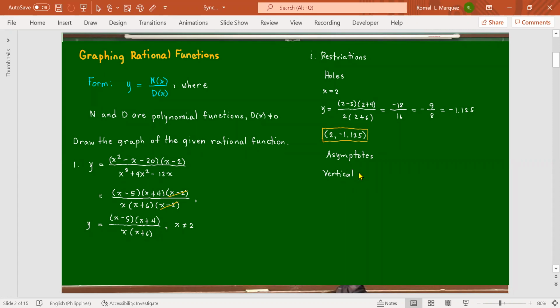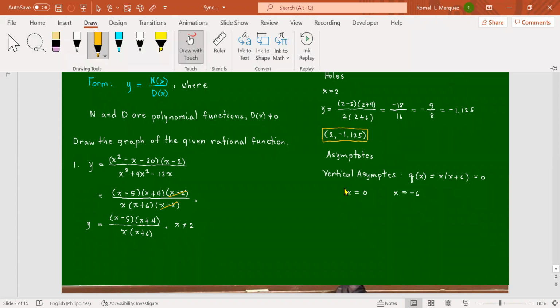We equate the denominator to 0, the simplified one. The denominator of the simplified function, we call it Q of x, which is x times x plus 6. We equate that to 0, and this will give us x equals 0 for the first factor, and then the other one, x equals negative 6. Am I correct, children?